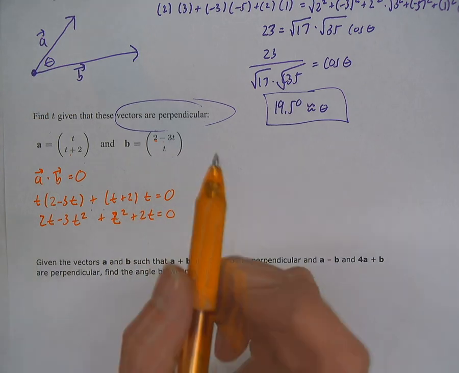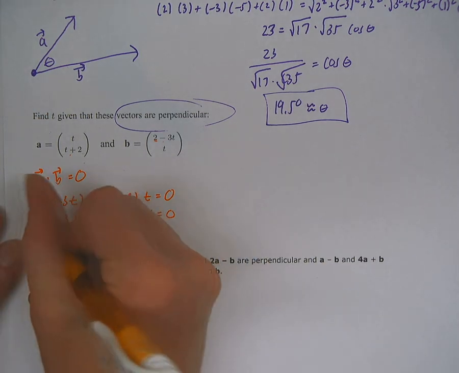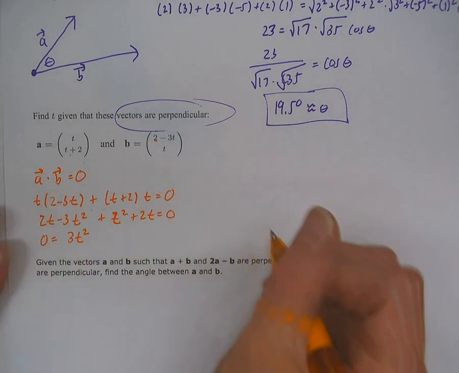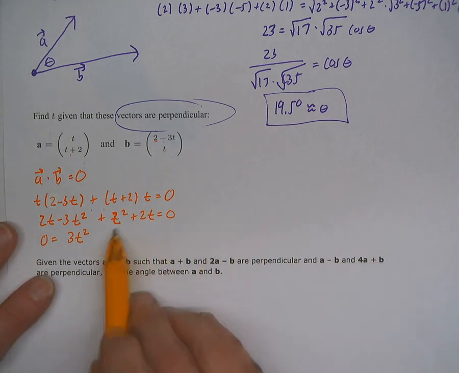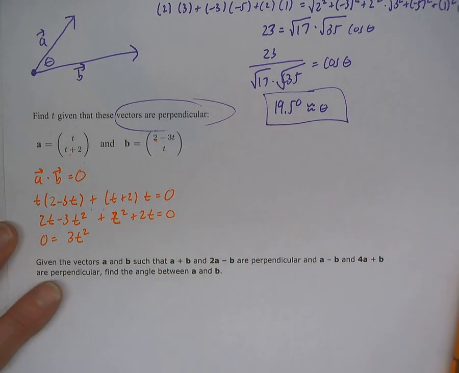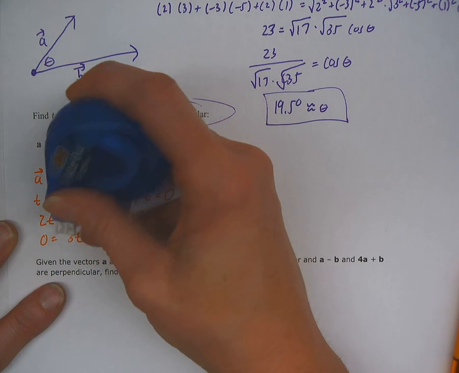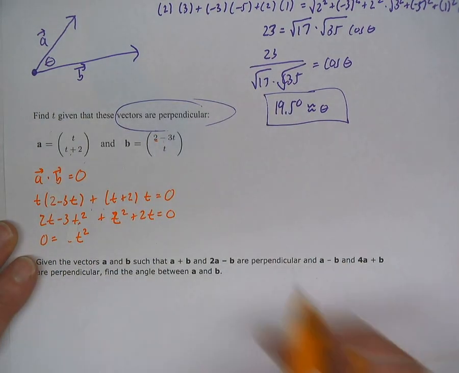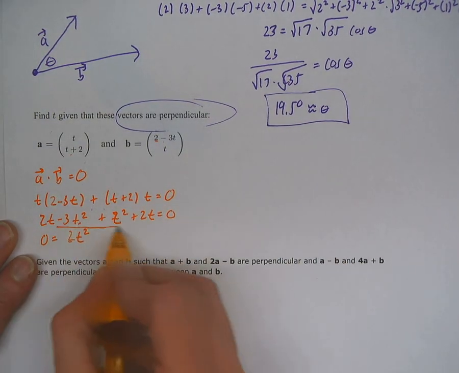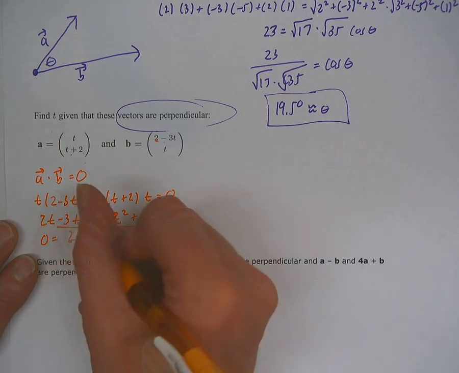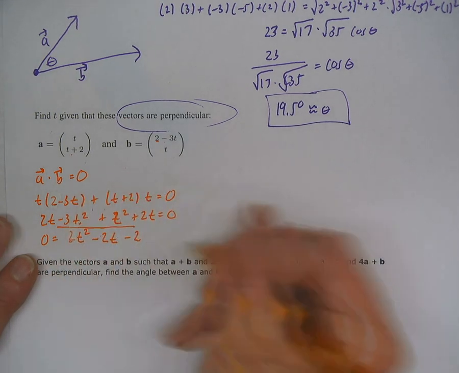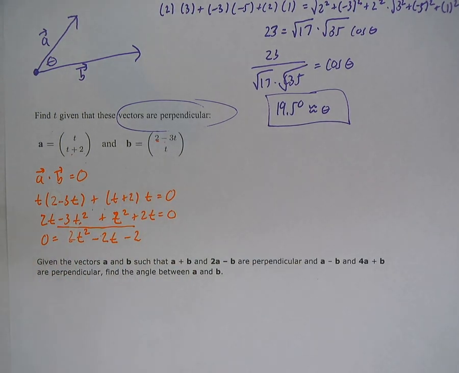So I'm going to get -3t squared. Let's just move it all to the other side. So we get +3t squared, and then plus t squared. So put those together and I'm getting negative t squared, but I'm moving everything over. And then minus 2t minus 2.